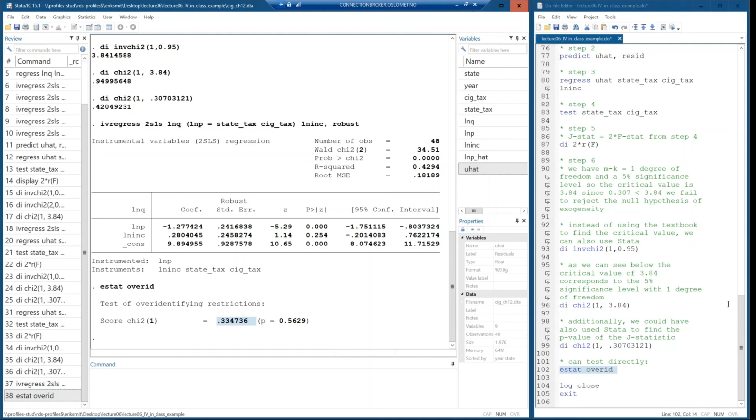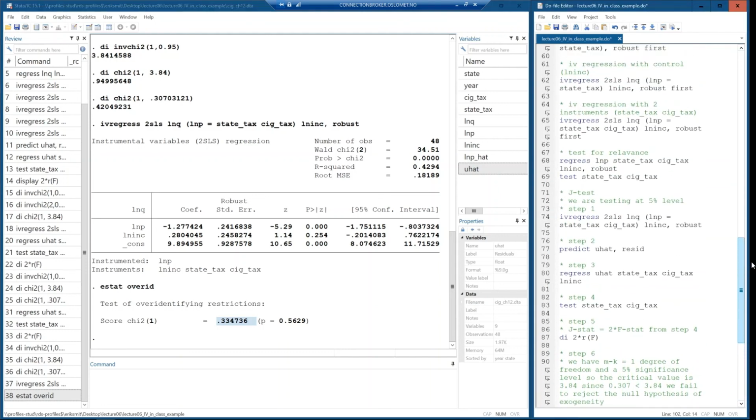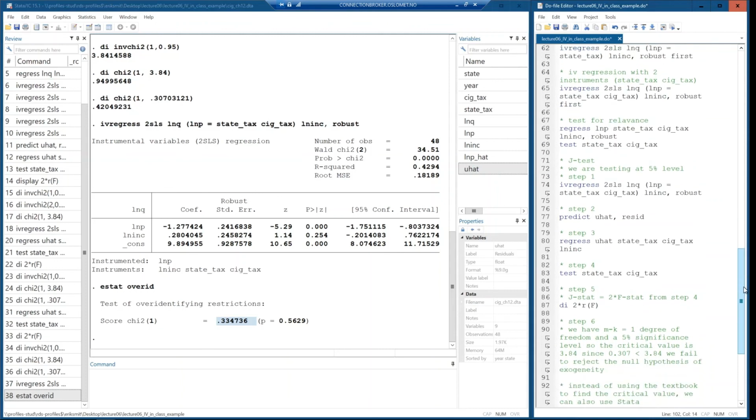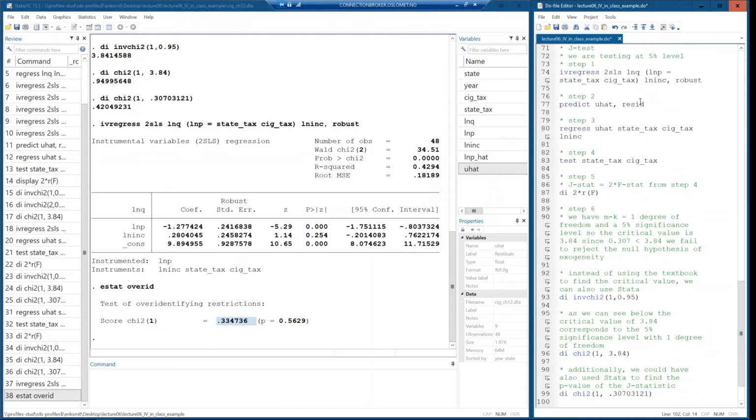Whereas in our manual J-test here, we predicted the residuals with the fitted price values from the first step regression, but they are quite close, and quite seldom they do not correspond. But the p-value is 0.56, so we do not reject the null hypothesis of exogeneity.